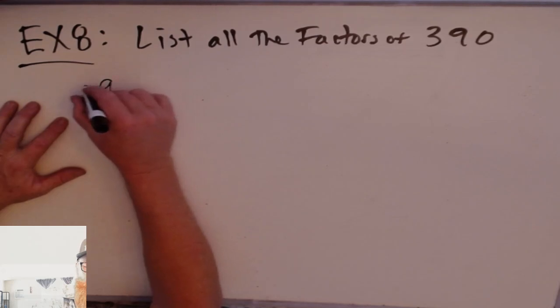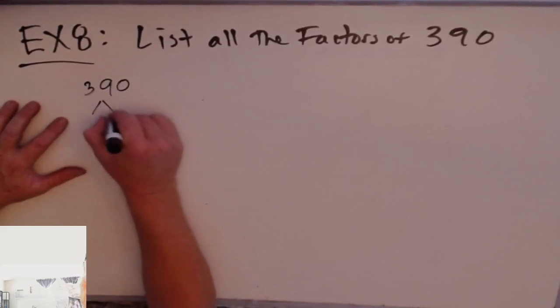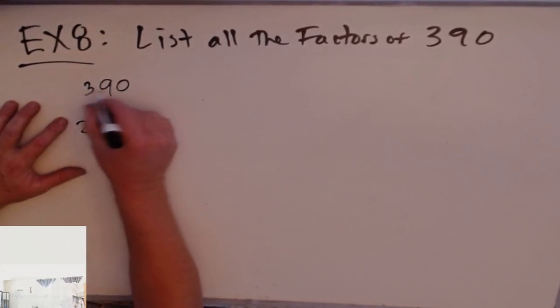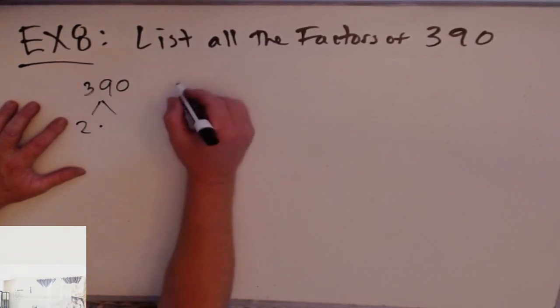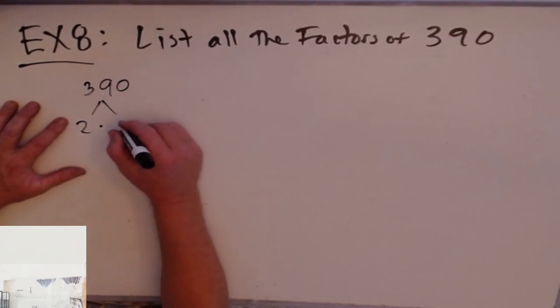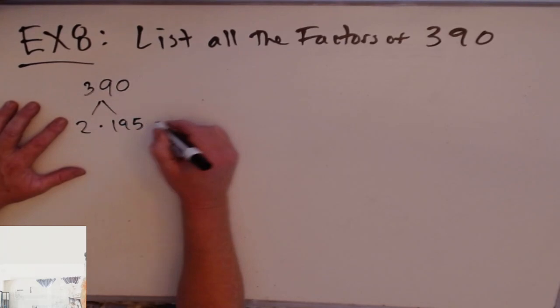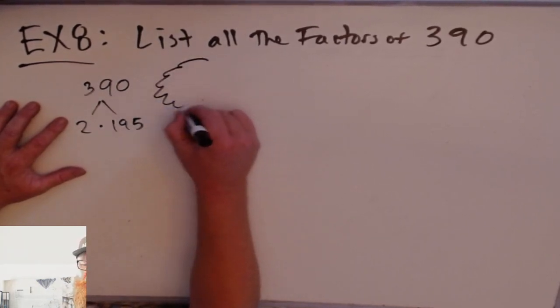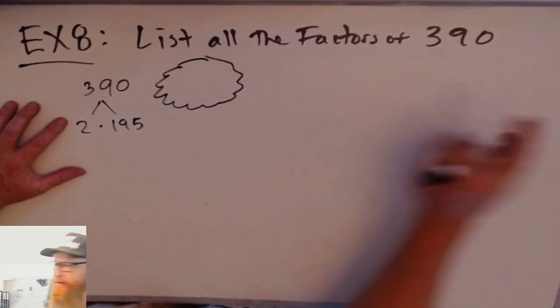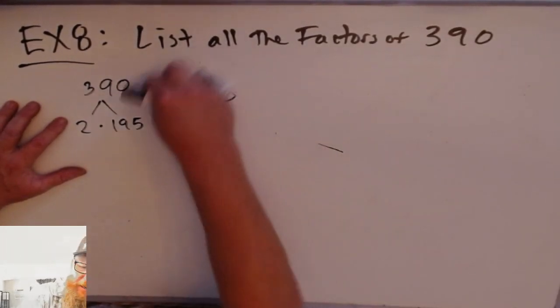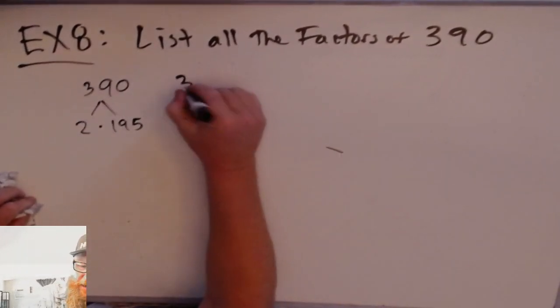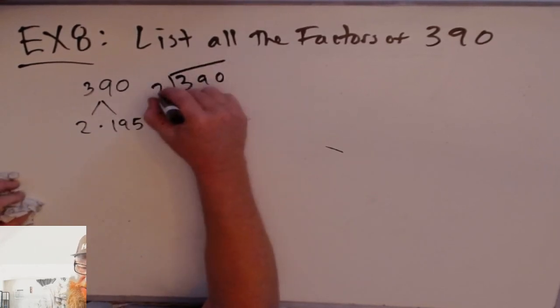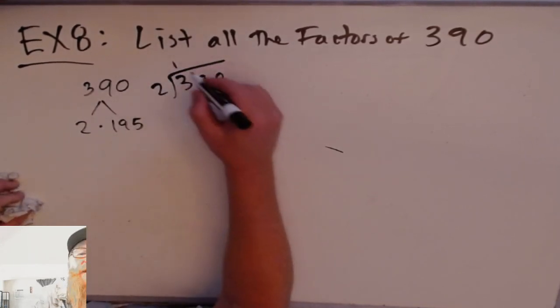So it's divisible by 2. That'd be 2 times what? If you can't do that with mental math, I think it's 195. I'm just guessing, though. I did that mentally. If you're not good with mental math, then go ahead and write it all out. 390 divided by 2, you get 1.